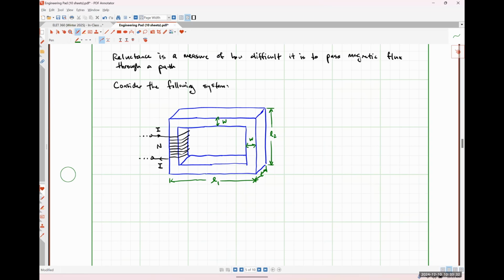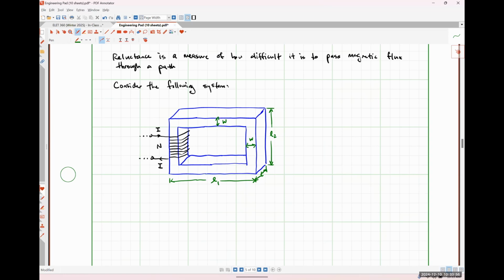Okay, so if we were to approach this as a magnetic circuit, we are effectively going to construct a schematic diagram representing this physical system, okay?